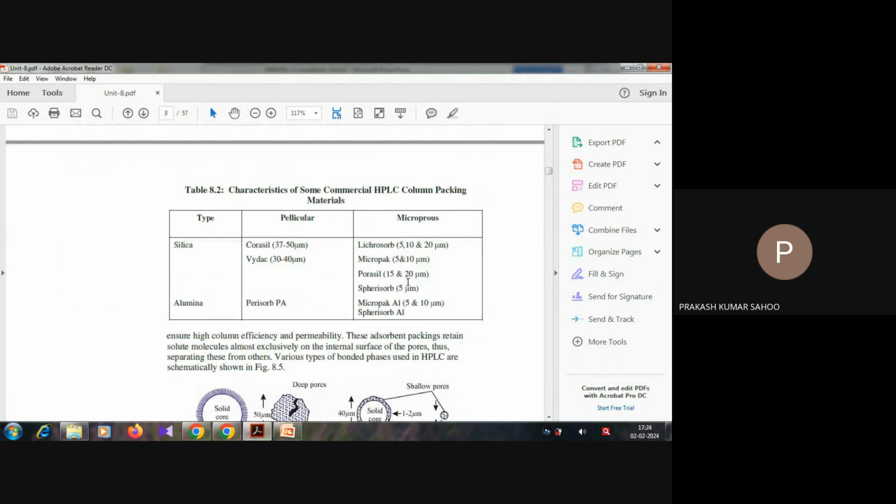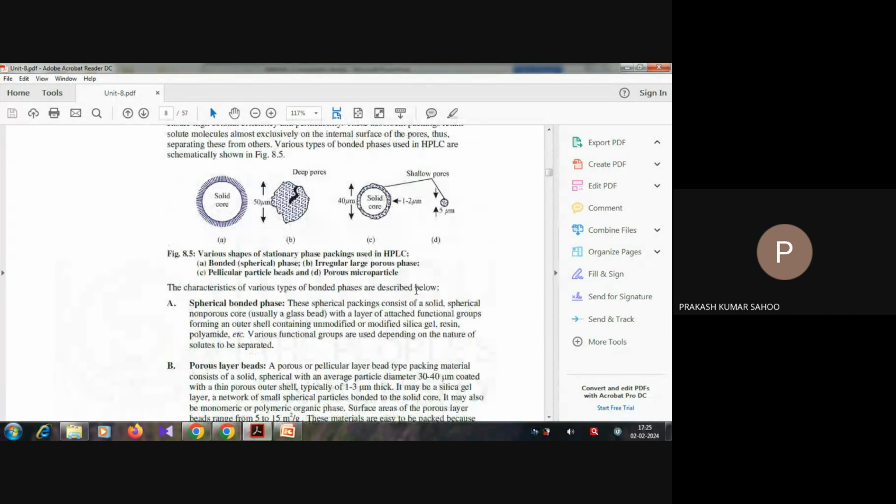Then we have the silica, in versions like Corasil and Vydac. The particle sizes are given here, and it is microporous. Then this is the bonded spherical phase, irregular large porous phase, and pellicular particle bead, pellicular meaning with different dimensions.